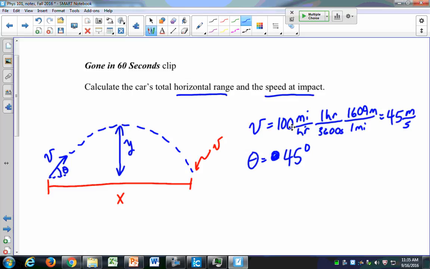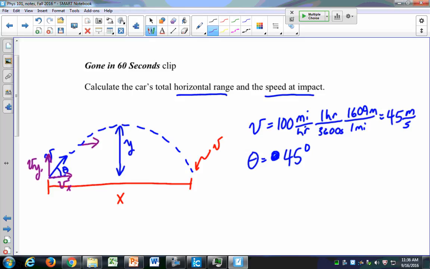at the end? Well, the speed at the end, you can probably tell me right off. Right? What is the speed at the end? 45 meters per second. Right, because remember this vector breaks into two pieces, Vx and Vy.